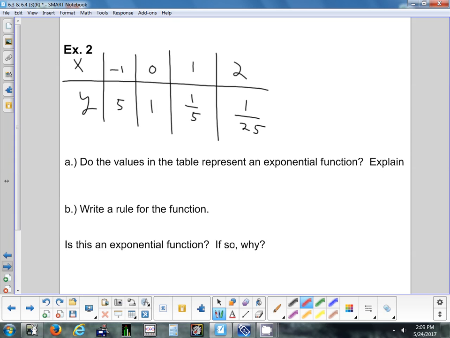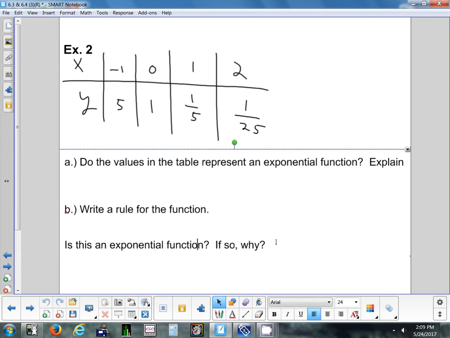All right. So this one. There's one on the test that's very similar to this. So look at this. Do the values in the table represent an exponential function? Yes or no? We say yes, okay?